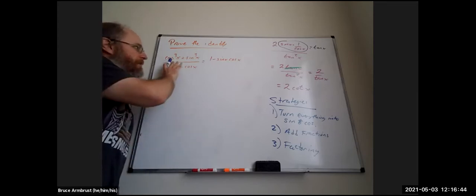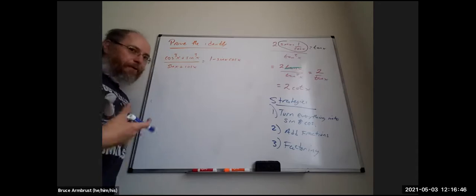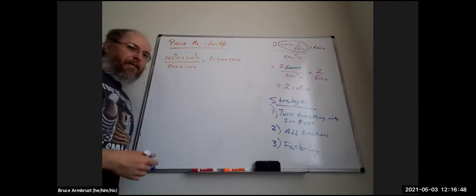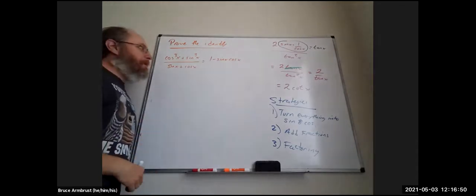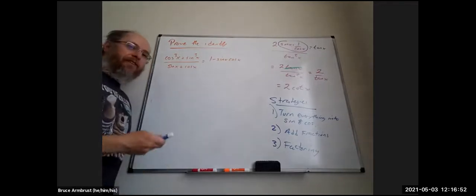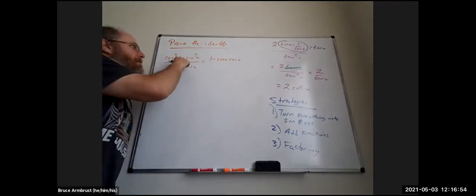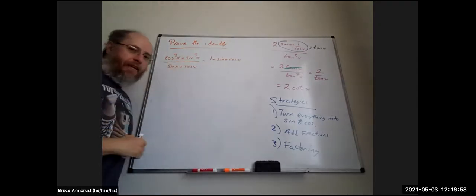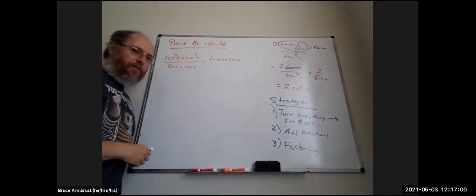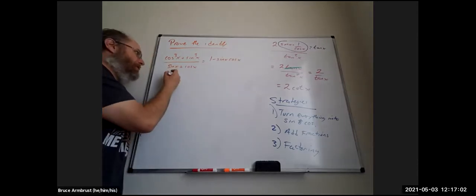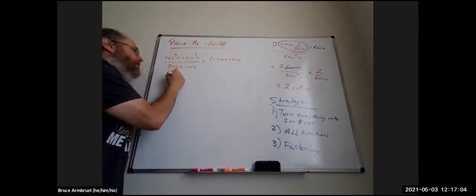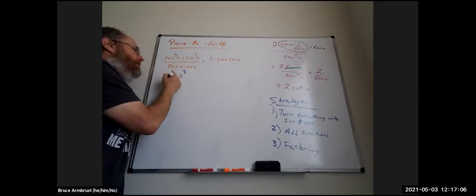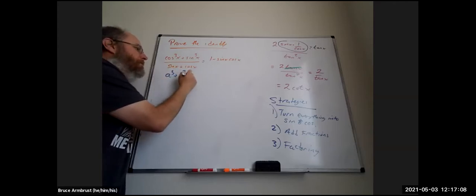All right, so looking at this, you may not really be sure where to even begin. But what we're going to do is we're going to actually factor the top, because the top of this thing is a sum of cubes. So let me just remind you that there is a formula for a sum of cubes, a cubed plus b cubed.